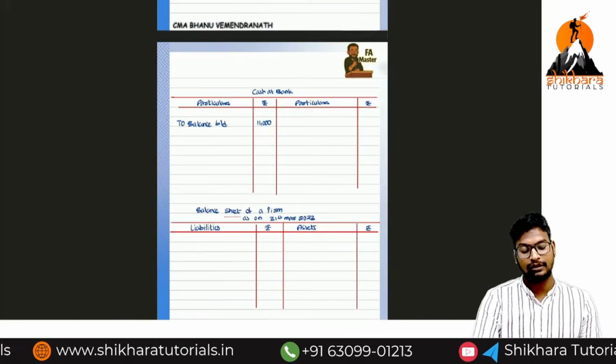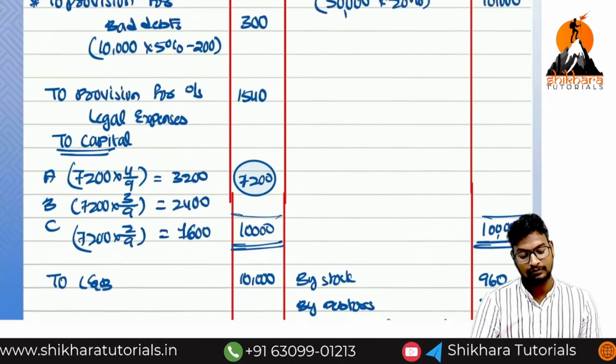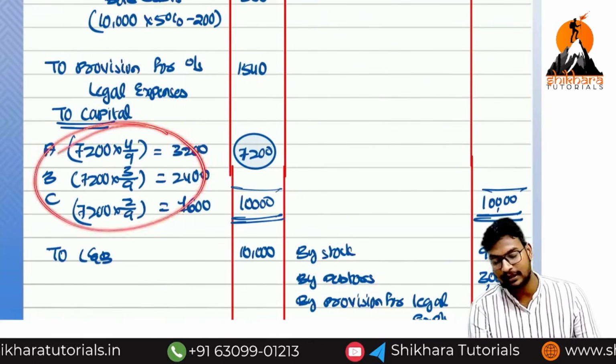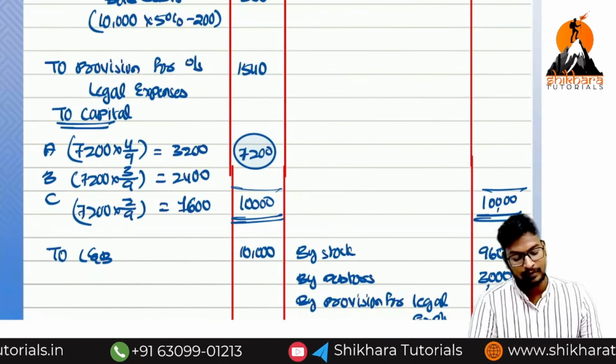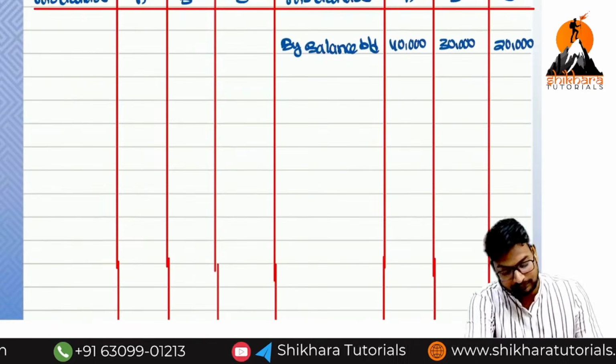So go to the memorandum revaluation account and say the balances. Here, debit side means in the partner's capital account, credit side. By memorandum revaluation account.